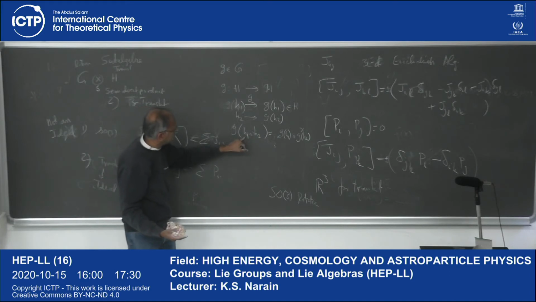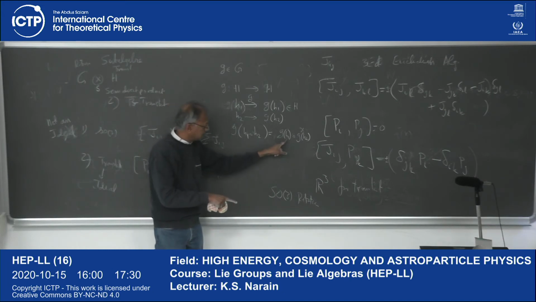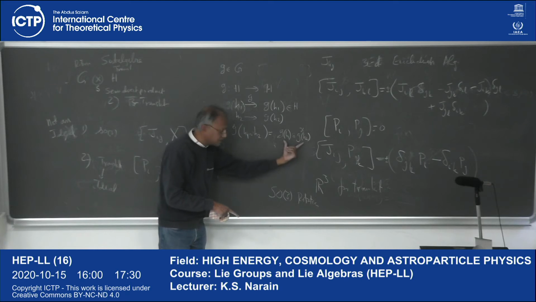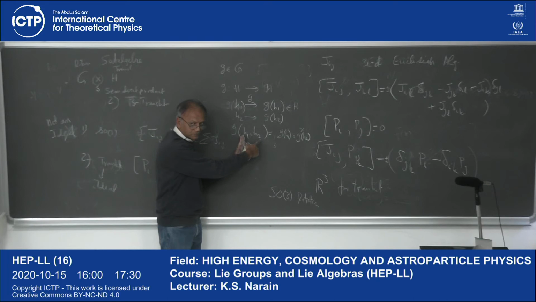So you have the vector v1, vector v2, and this is addition, and g(h1) is simply the rotation of v1, and v2 is also rotated. You take the rotated v1 and rotated v2 and add them up. That will be the same as the rotation of v1 plus v2. You see what I'm saying?